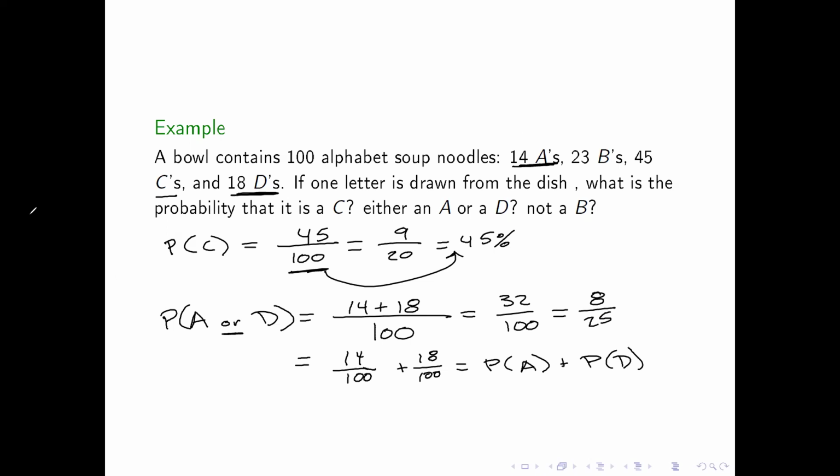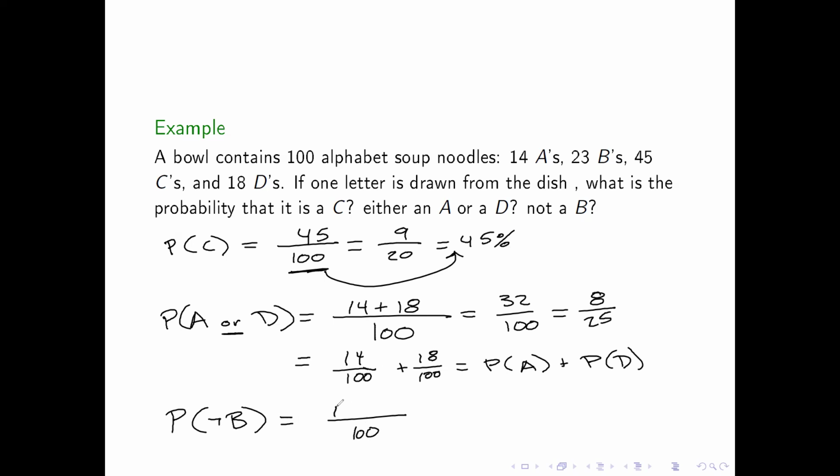All right, last but not least, what is the probability of not drawing a B? So again, I'm just going to write this down using the logic symbols. Probability of not a B is going to be out of 100. Now, I could have written down what are all the other ones.